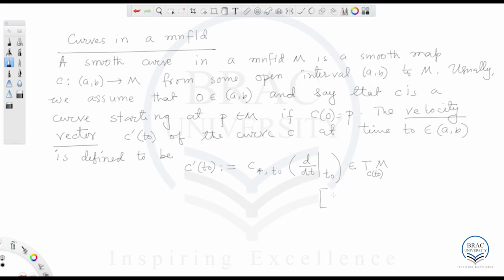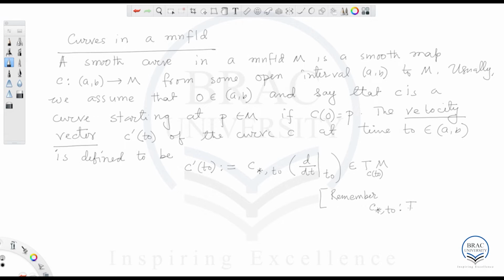I want you to remember that the differential C star at the point t0 is a linear map between two tangent spaces.